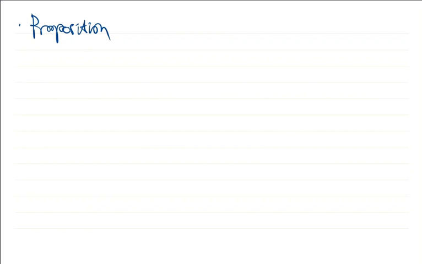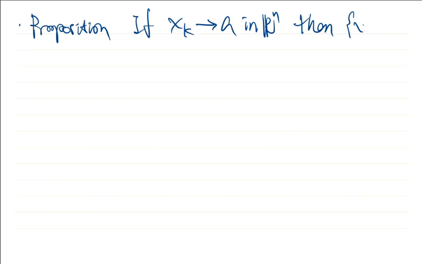That is to say, if xk converges to a in Rn, then the sequence xk is bounded. This is quite easy.